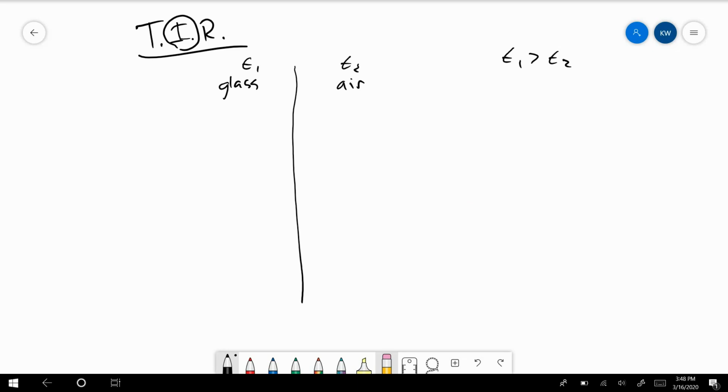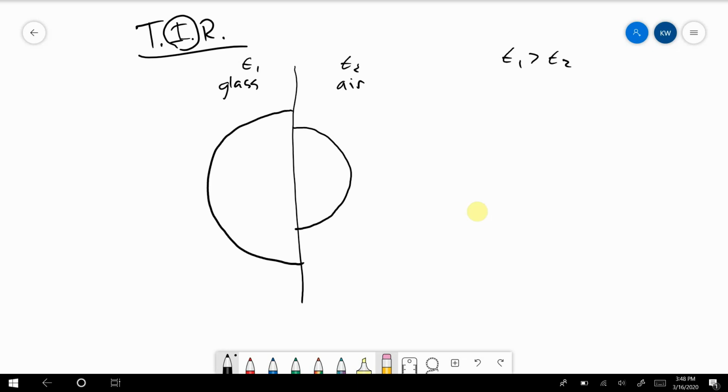Now let's look carefully at the K diagram. We draw a circle with a larger radius corresponding to the larger value of K1, because epsilon 1 is bigger. And then we draw a smaller circle with radius K2 with epsilon 2 in it.